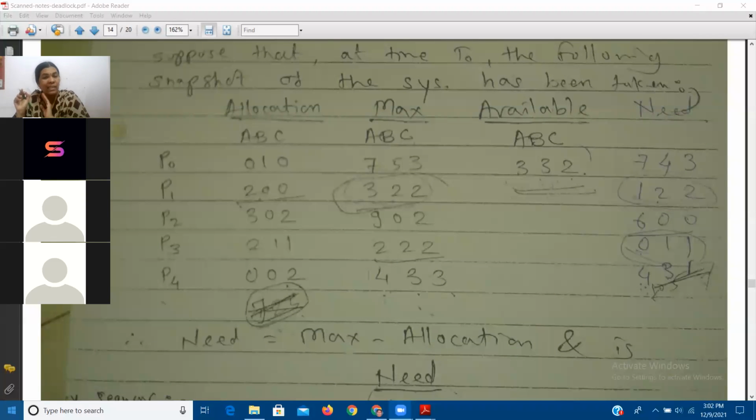And how many will it release? Can anybody tell me? P1 किती रिलीज करेल कंप्लीट झाल्यानंतर?